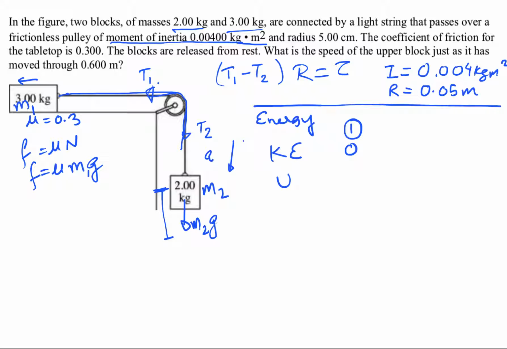Because it is going to rotate clockwise, I'm going to say that down is negative, so that's going to be minus h. So I can set the potential energy to be 0 initially, and that's true for both of the masses, the first mass and the second mass, m2.